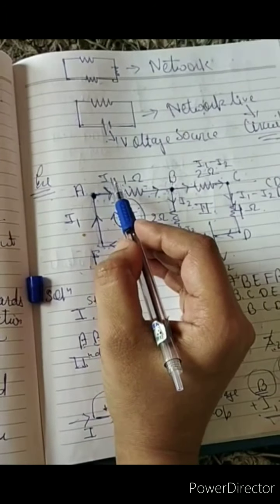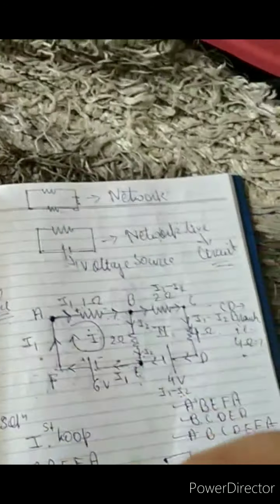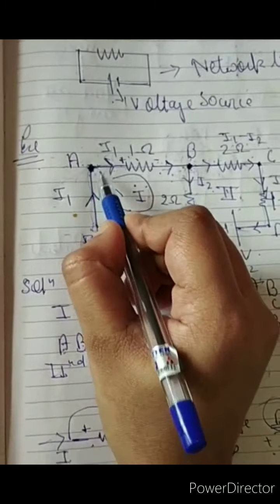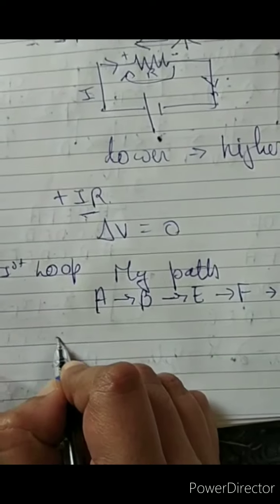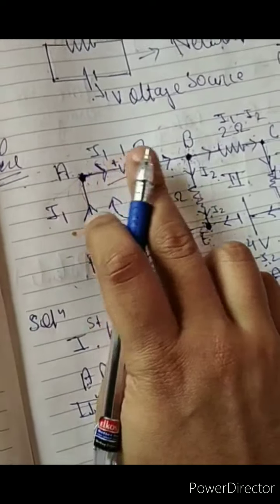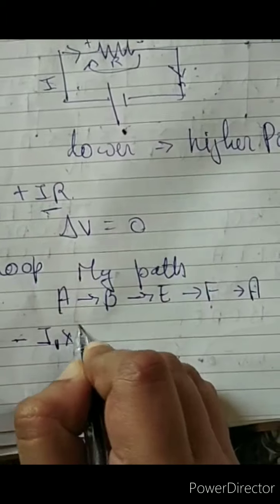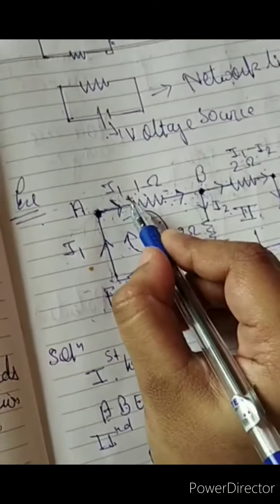So from A to B the voltage will be minus of I1 into R1, and R is 1 ohm, so minus I1 into 1. Why am I taking minus? Because I am going from higher to lower potential.